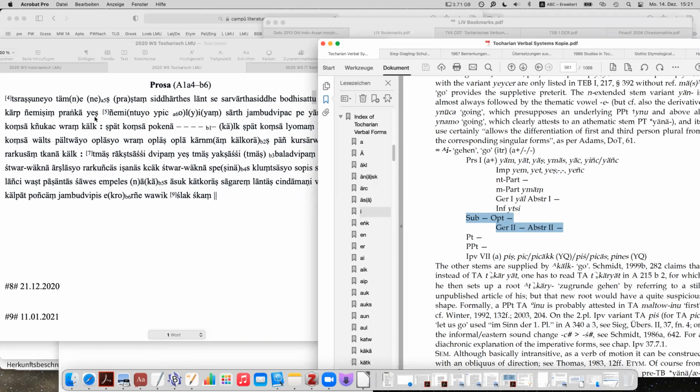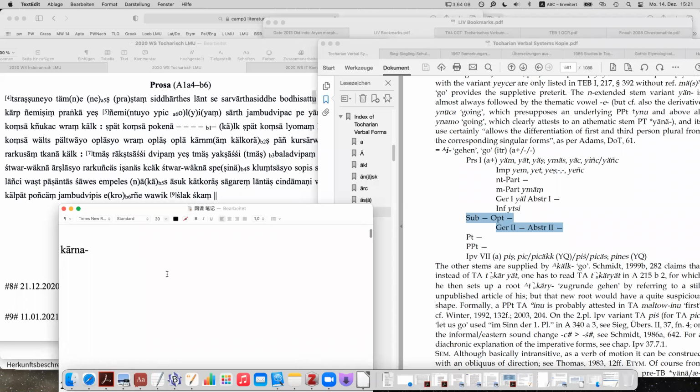Okay, so let's move on. Nemishin planka yesh. So plank actually means island. And nemishi is actually an adjective built from nemi. Nemi is actually jewel. And then we can build an adjective with a she suffix.